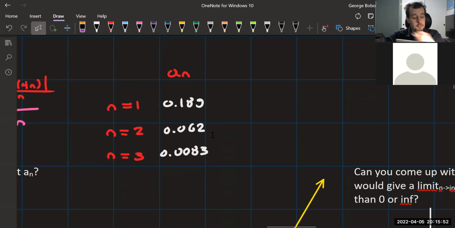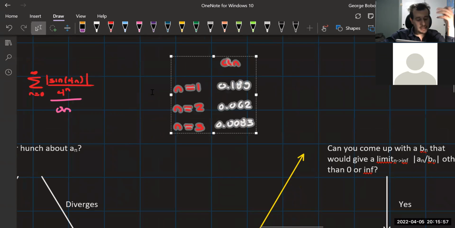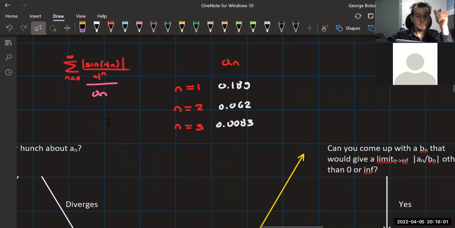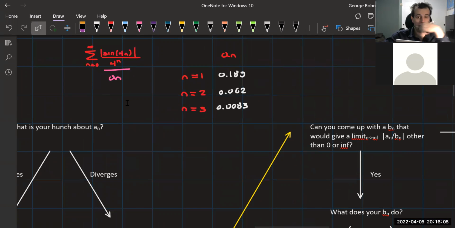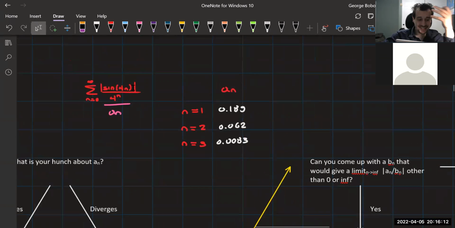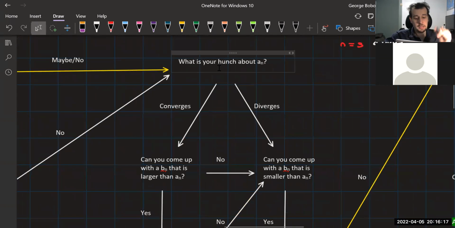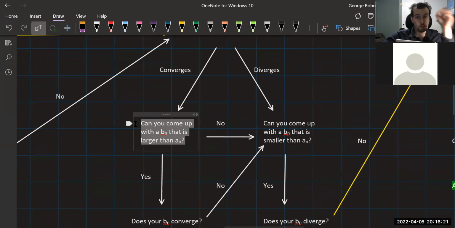So if it is converging, we need something to compare it against that is potentially bigger than this, something consistently bigger. We're doing a comparison test if you want to know where we are. Can you come up with a b sub n that is consistently larger than a sub n?